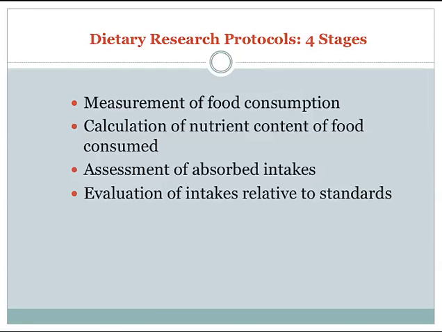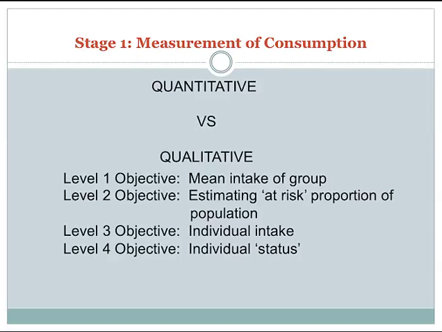Do they have symptoms suggestive that they're losing nutrients quickly? For instance, do they have diarrhea? And you look at all that, you look at the intakes that people have against age adjusted standards and condition adjusted standards. For instance, there are nutrient intake standards for pregnancy and lactation. If you look at the cover of your book, you'll see the dietary reference intakes, which gives you a very comprehensive listing of the latest standards.